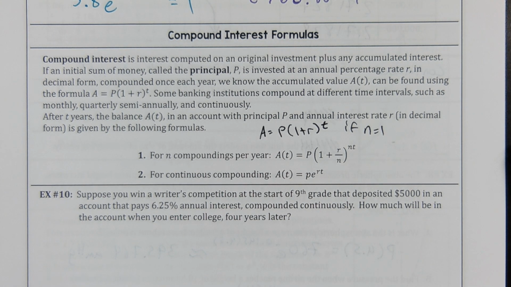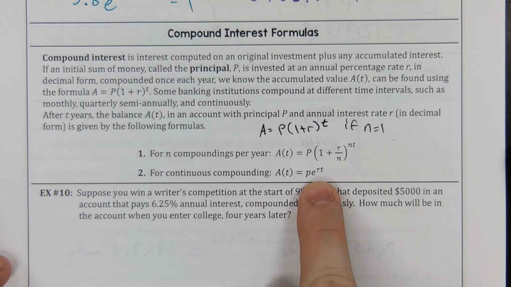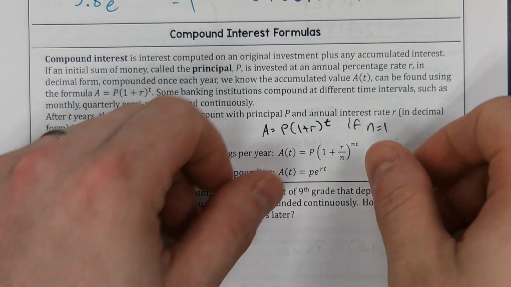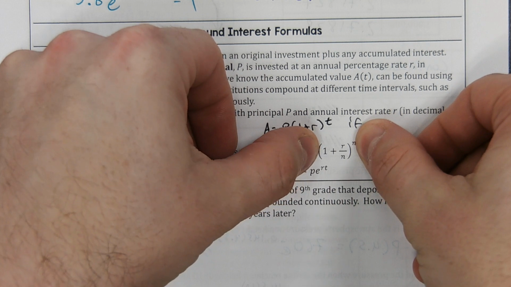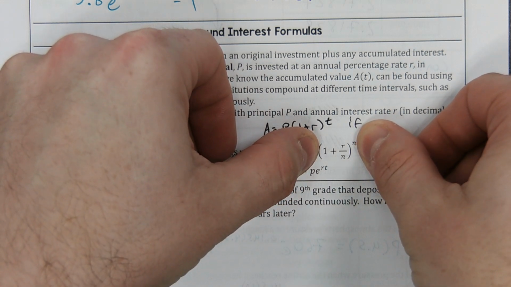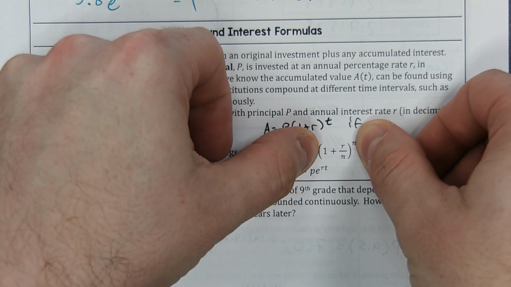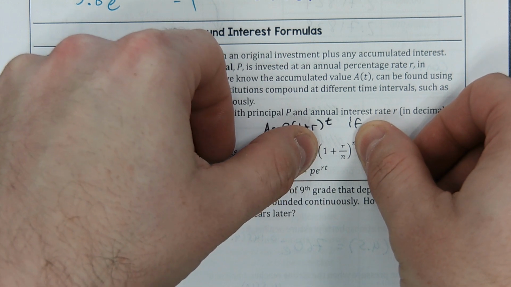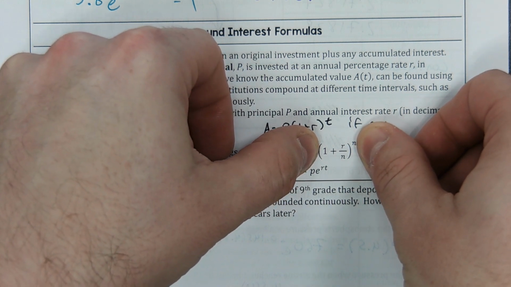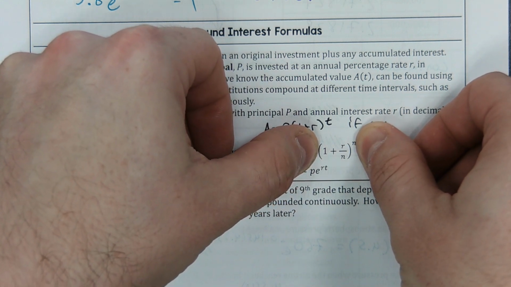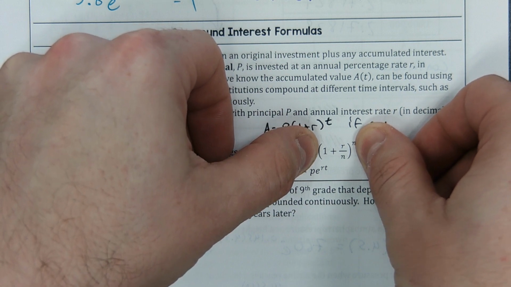Bi-monthly, 24. There are a lot of different things, and you just have to pay attention to them. But remember, if you allow 1 plus r over n to the n, if r was 1, go to infinity, you get e. Remember, continuously compounding is the fastest compounding.